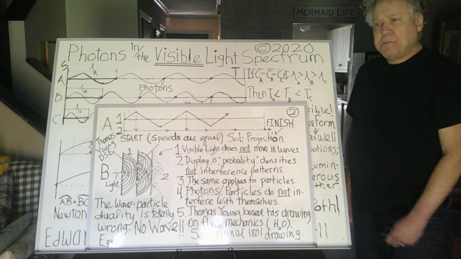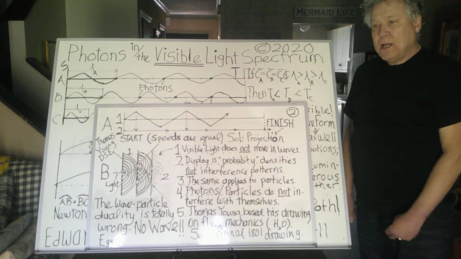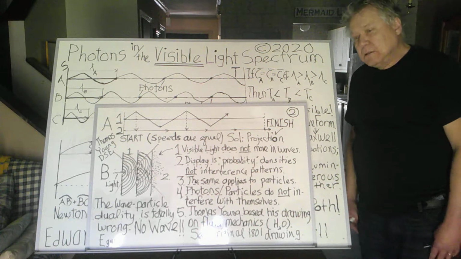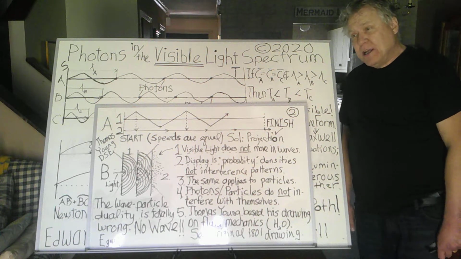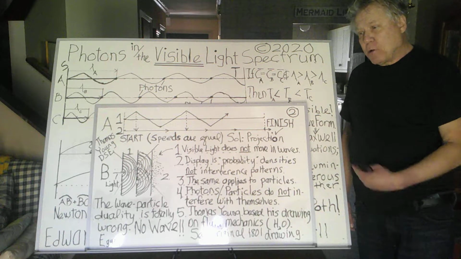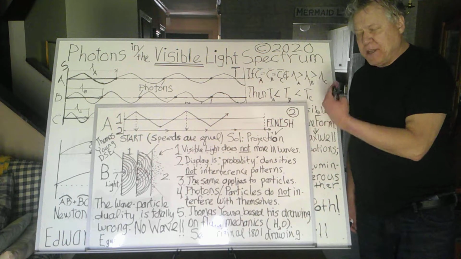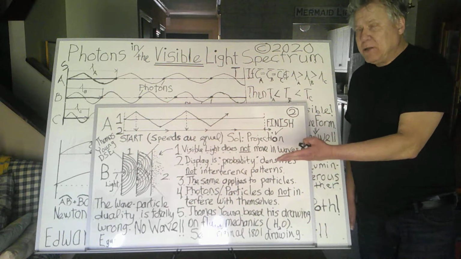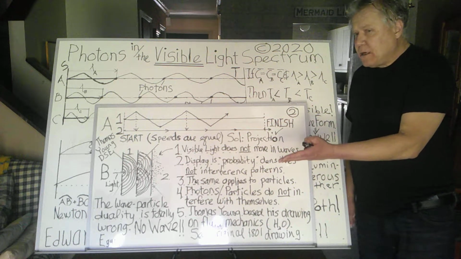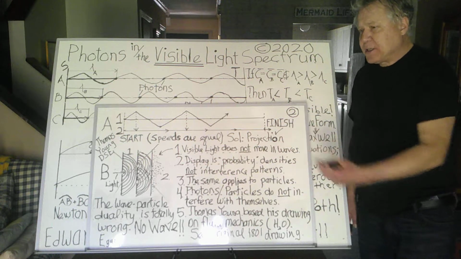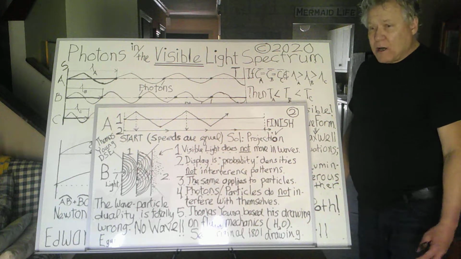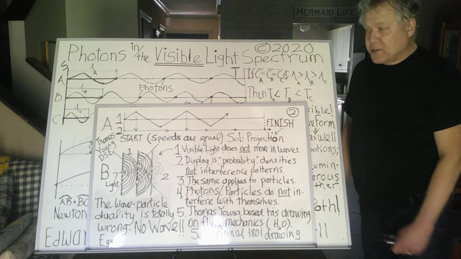I think Thomas Young was doing the best he could, but he made a mistake in using water to mimic how light is propagated, and it was completely wrong. So light, unless it's something very special that people are trying to do, other things being equal, just follows a straight line.